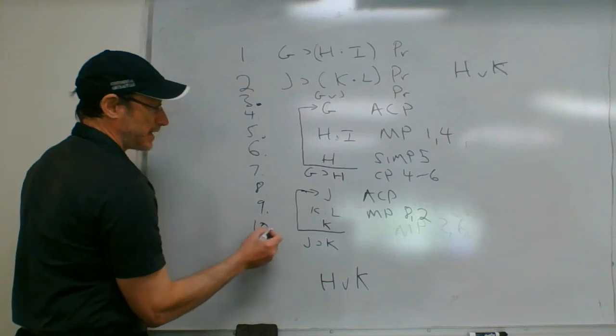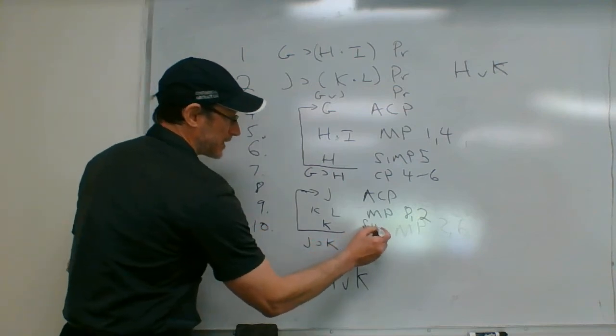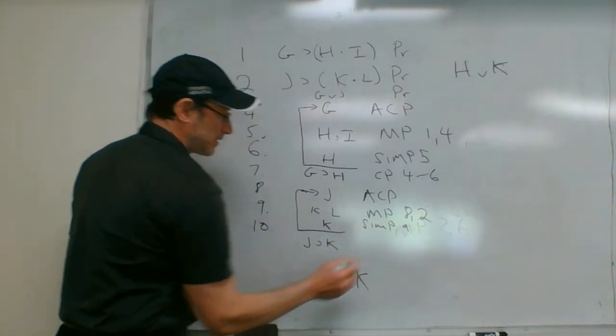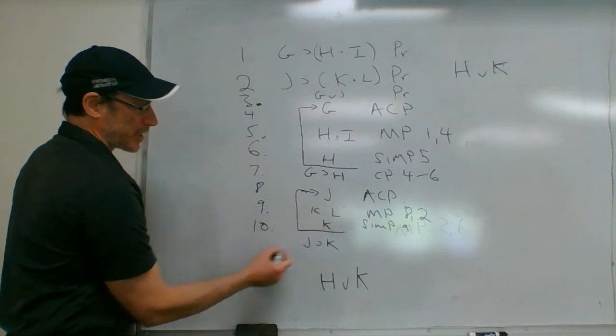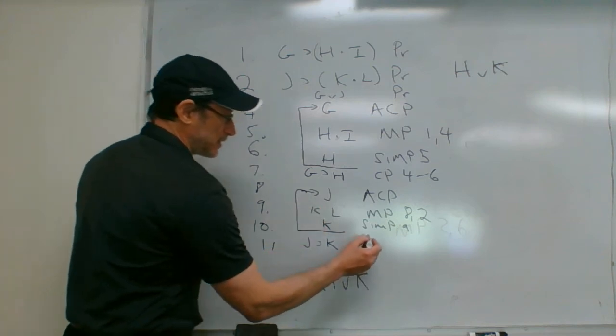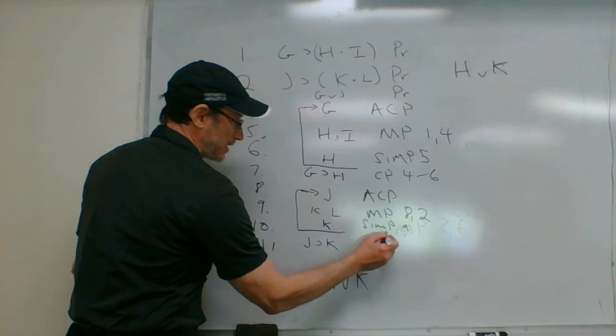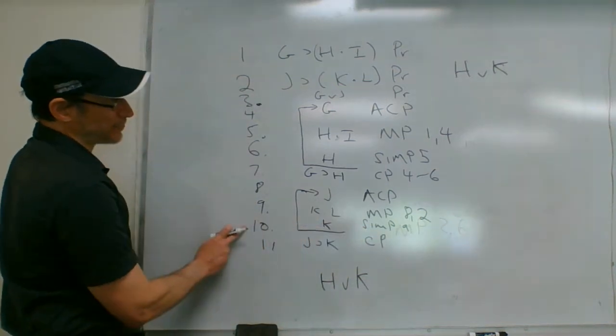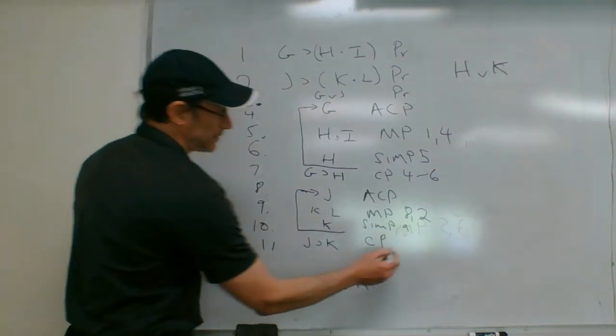K here is number 10. This is a simplification on 9. Now I have J horseshoe K. This is step 11. This is a CP on 8 through 10.